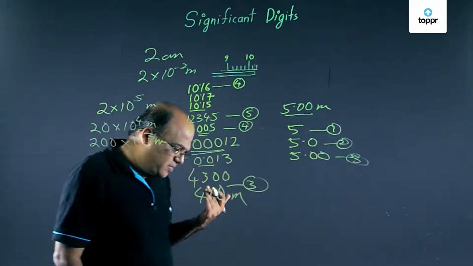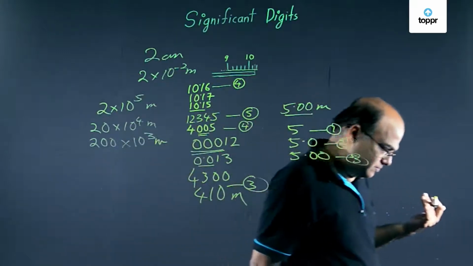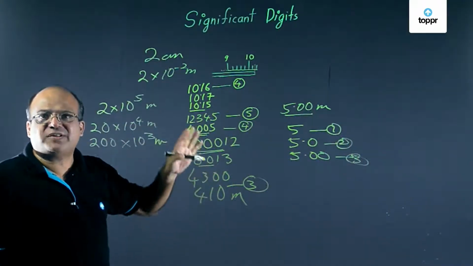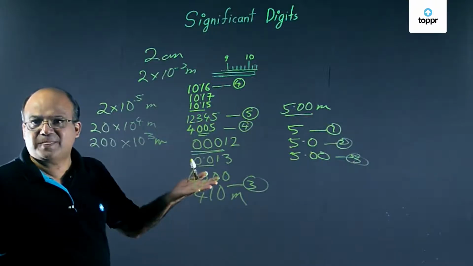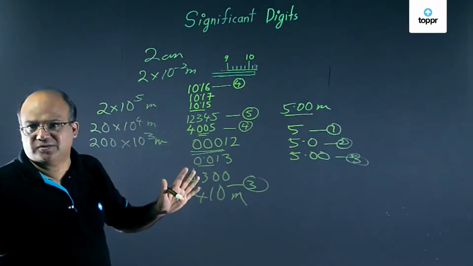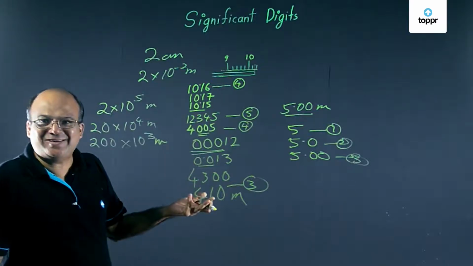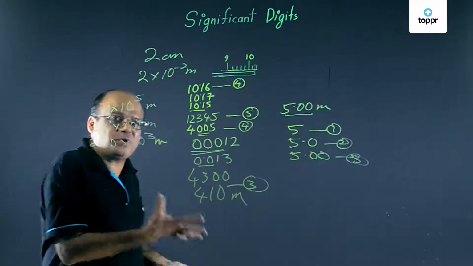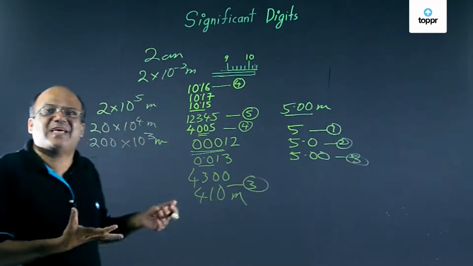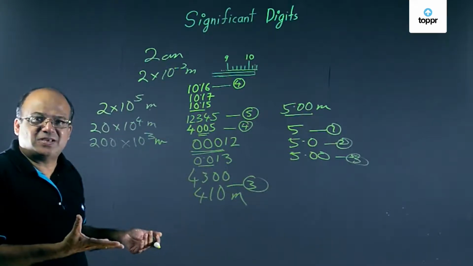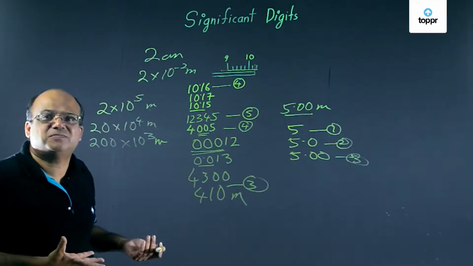Now we'll discuss rules for rounding off. There are again some rules for rounding off. Some of you have learnt earlier. Now we'll discuss in more detail. First is the simple rule all of you must be knowing. If the digit to be dropped is less than 5, then the preceding digit is left unchanged.